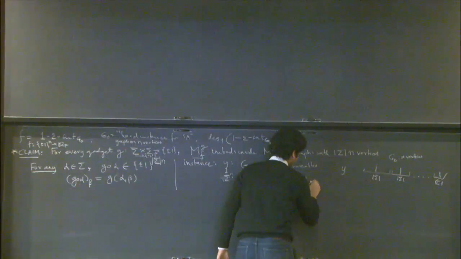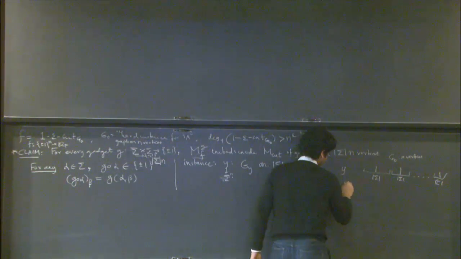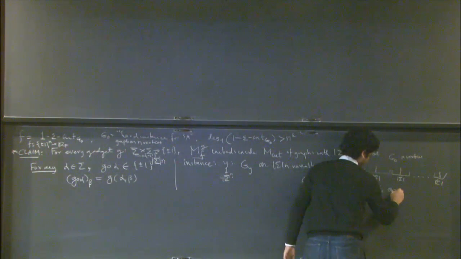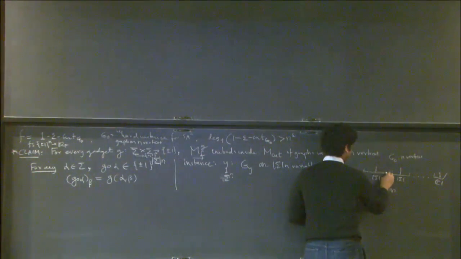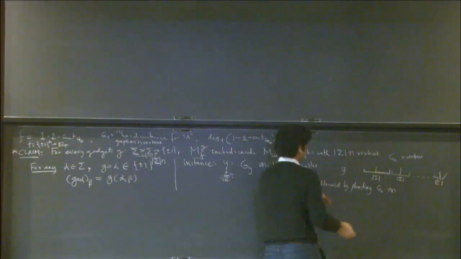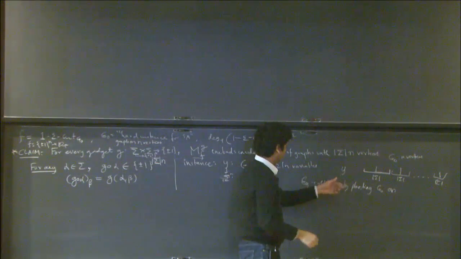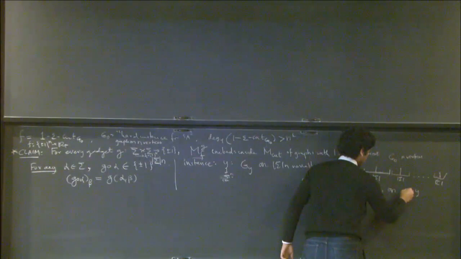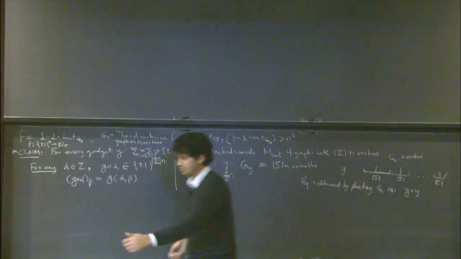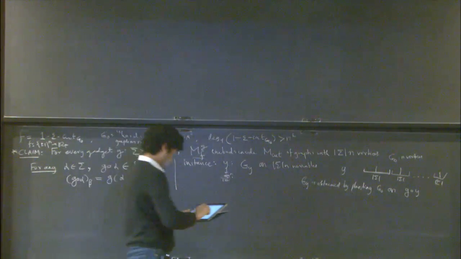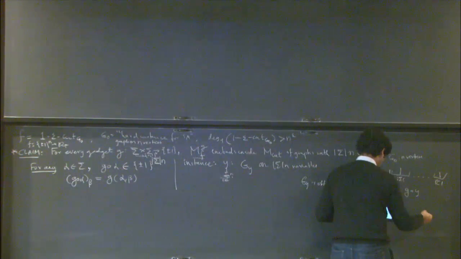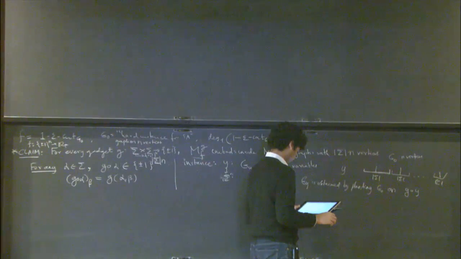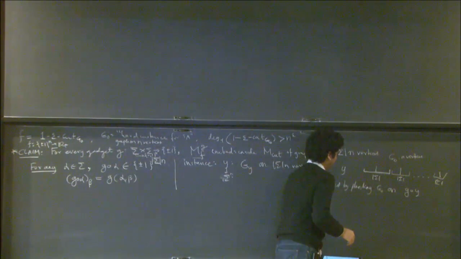G_y is obtained by planting G naught on C. So y was an index in sigma, so I am just going to choose, just the symbol that appears in the vector y.